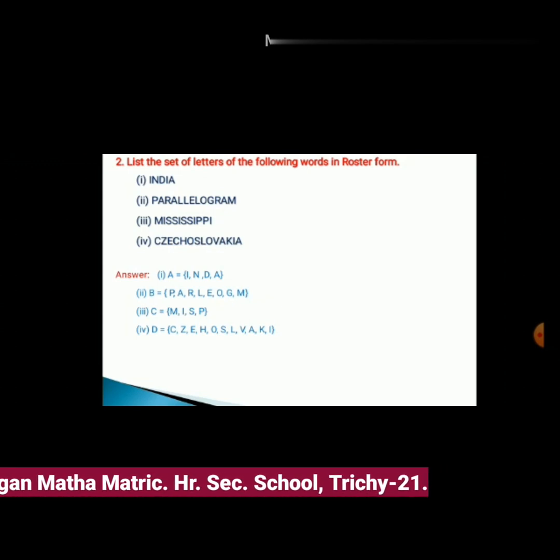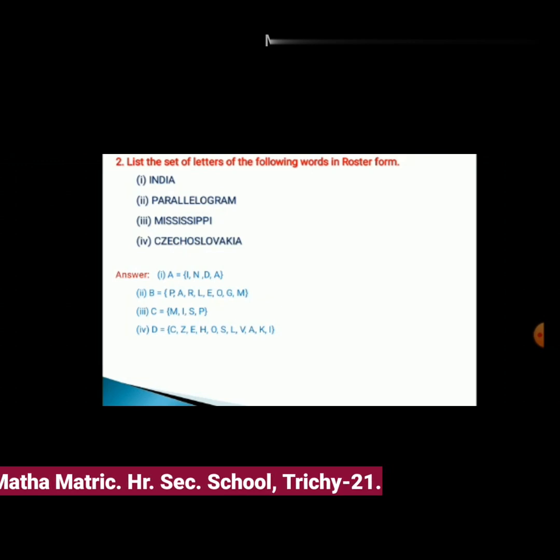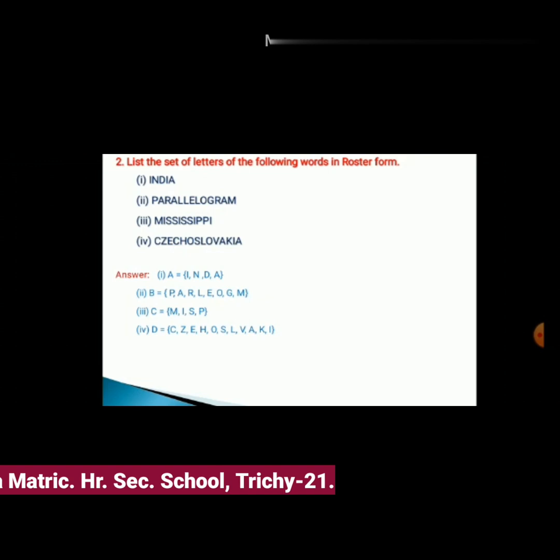The set B is equal to {P, A, R, L, E, O, G, M}. A is already written. L is already repeated. R is already written. A is already repeated. M. The same method we use to solve the other sums.